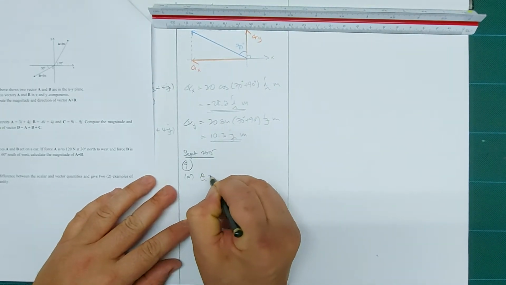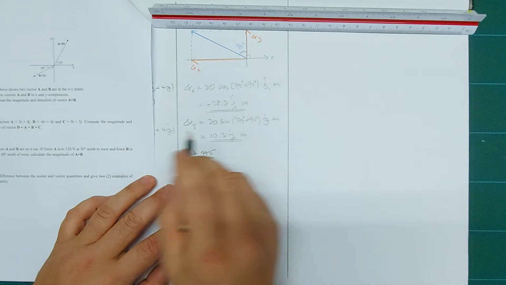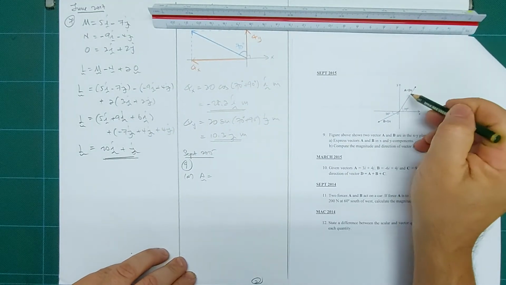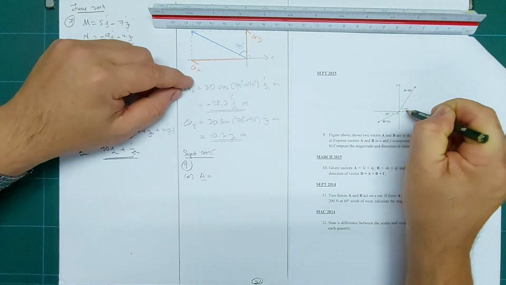So we start with A first. This is our A vector here. You have A newtons at an angle of 70 degrees.